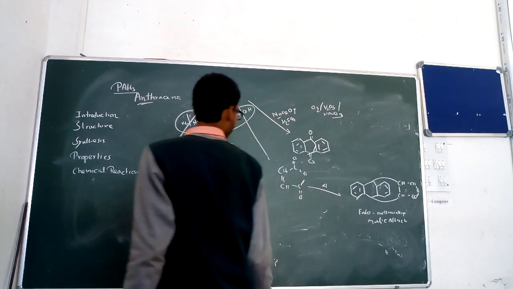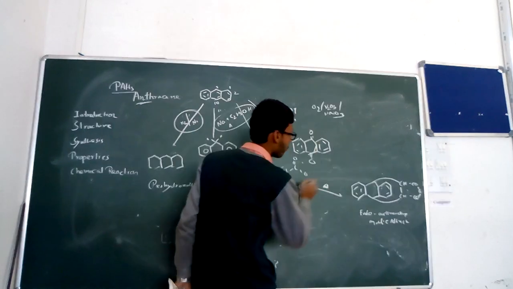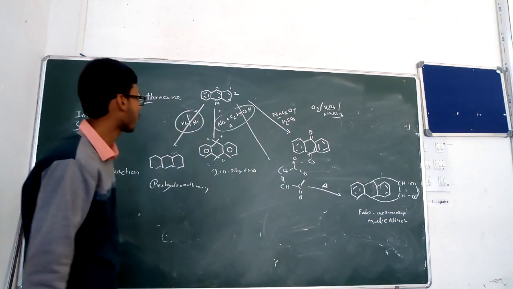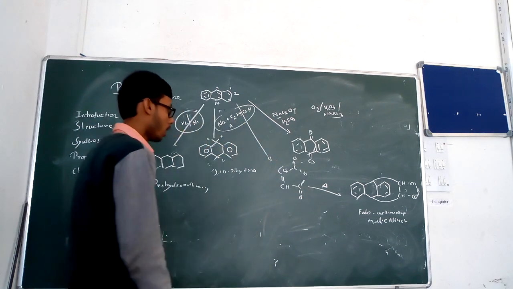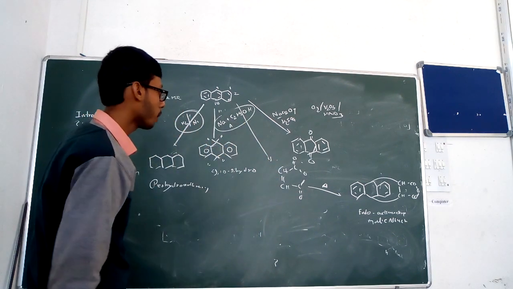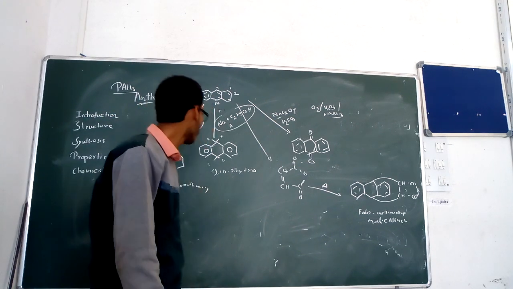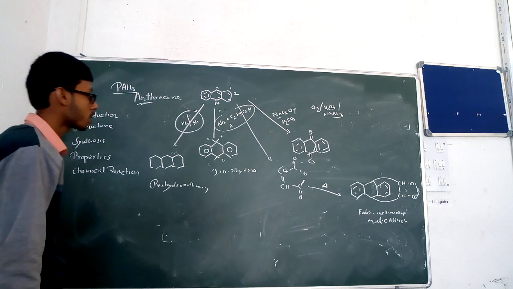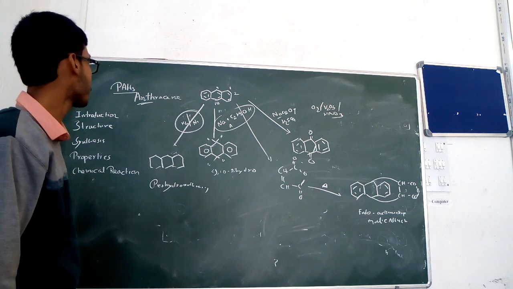Endoanthracene maleic adduct is formed like that, and that is the application of the Diels-Alder reaction. It's all about the electrophilic substitution reaction, reduction, oxidation, and Diels-Alder reaction, that is the chemical reactions of the anthracene molecule.